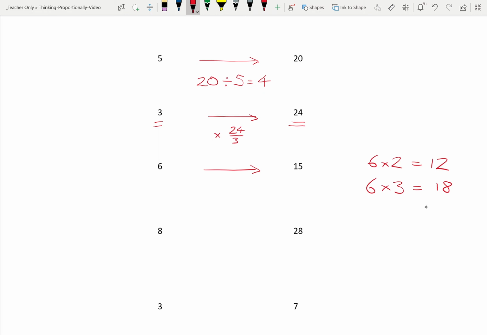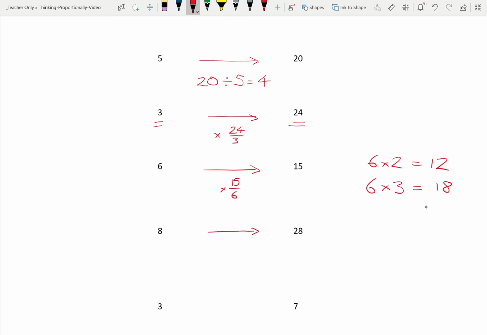So in this case, to go from 6 to 15, we're multiplying by a factor of 15 over 6. Now that does simplify to 2.5, but if we're comfortable leaving it as a top-heavy fraction, it is just a number after all, this makes this process quite simple.